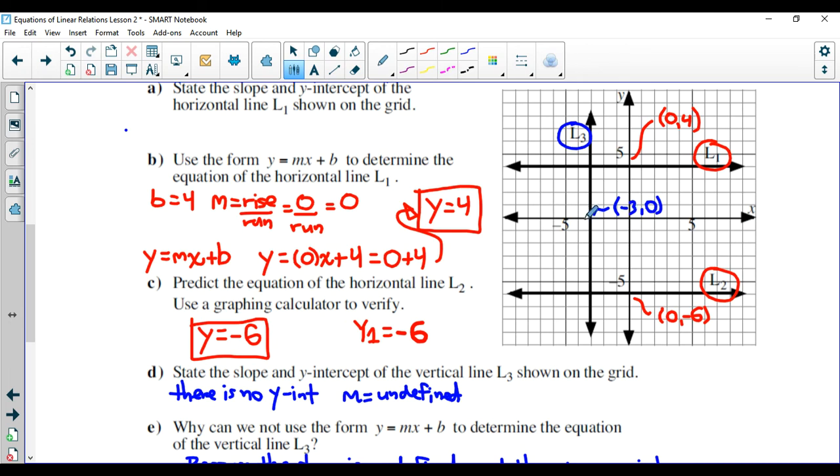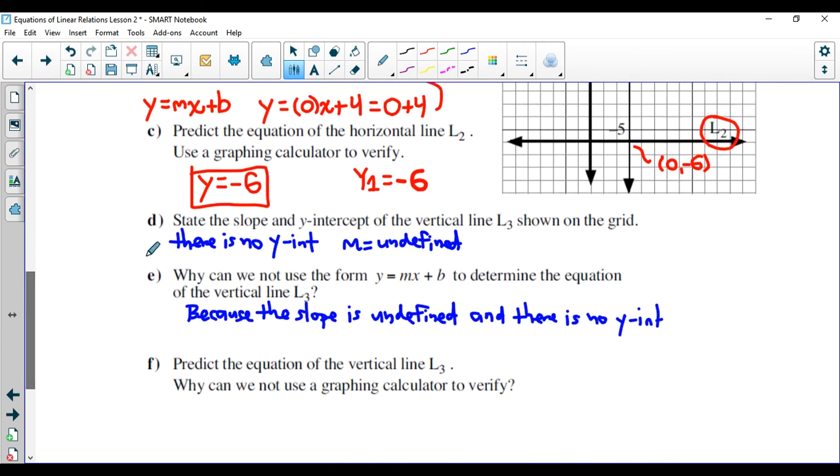So when y is 5, the x value is -3. When y is 0, the x value is -3. When y is -6, the x value is -3. So no matter what, it's always -3, the x value. Therefore, the equation we could write here is we could just say x is equal to -3.